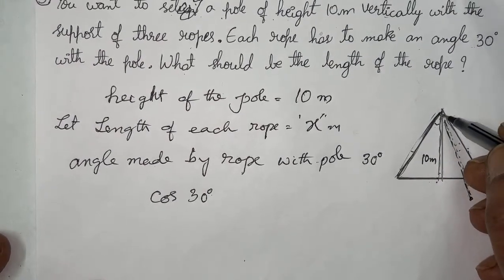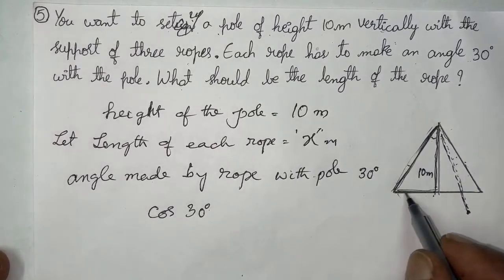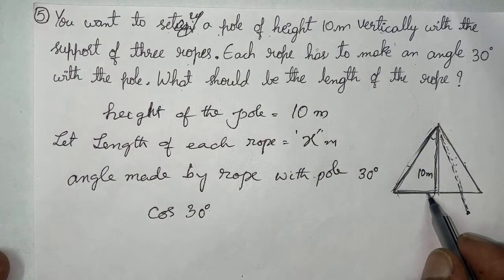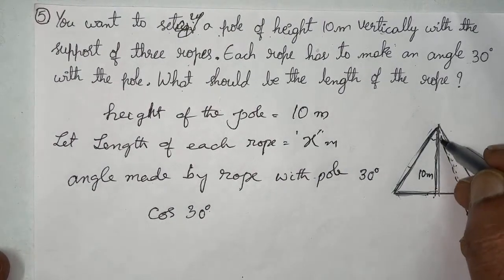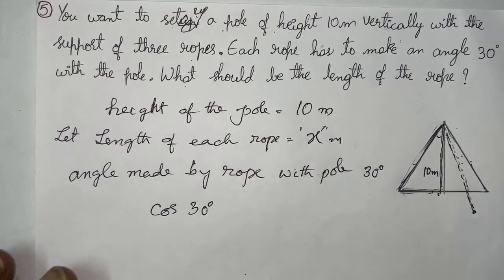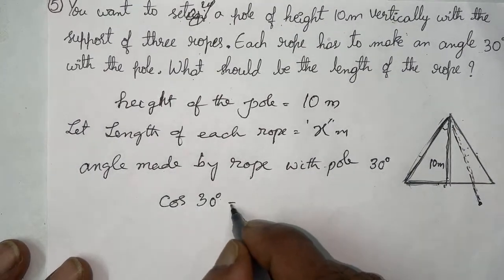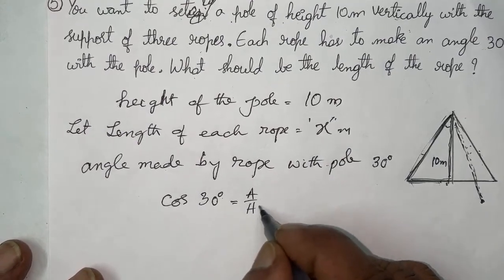I will tell you clearly: we are not taking the base, we are considering only the pole height as the adjacent. So here it is adjacent by hypotenuse.